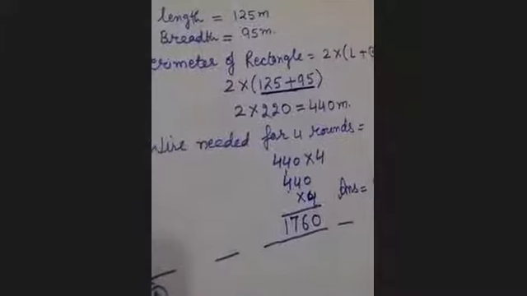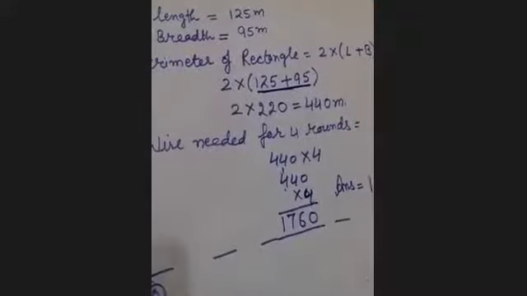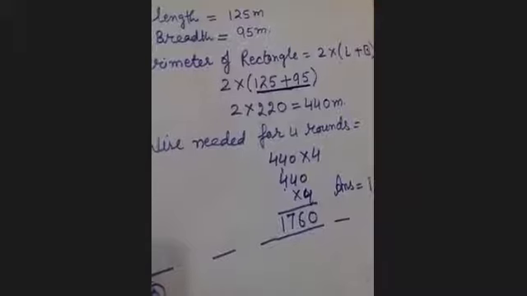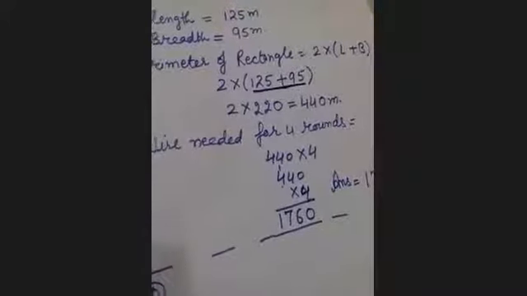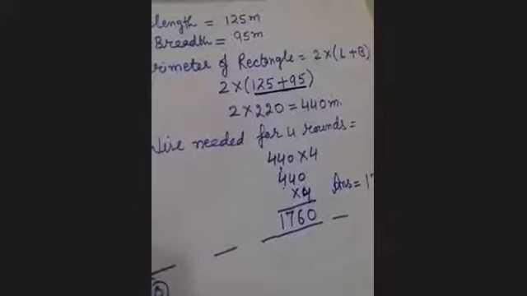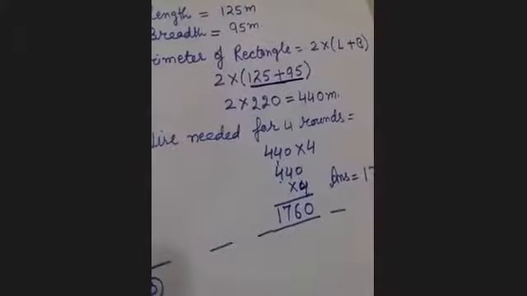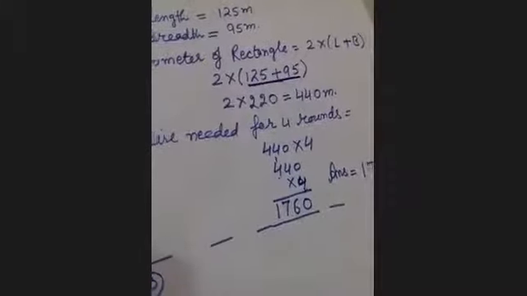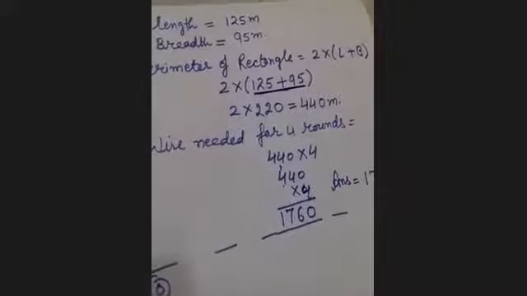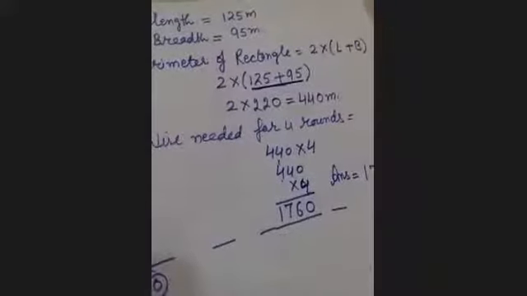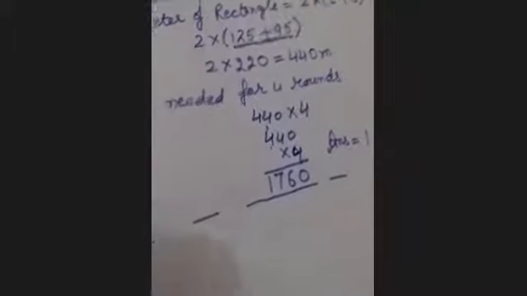Each side of square is 150 meter and rate of fencing is rupees 6 per meter. So students, first we will find the perimeter of this square park whose each side is 150 meter. Then find the cost of fencing. To find the cost, we will multiply perimeter by 6.